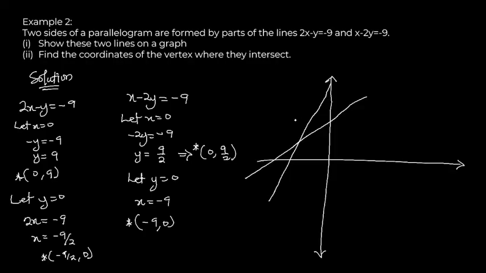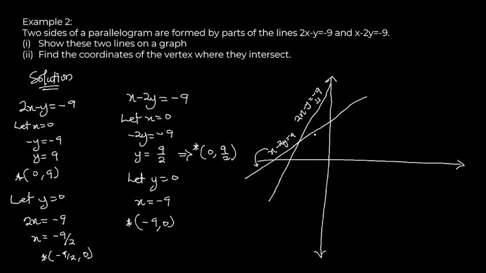Where this will be 2x minus y is equal to negative 9, and here will be x minus 2y equals negative 9. So this is for this line, and this is for this line over here.